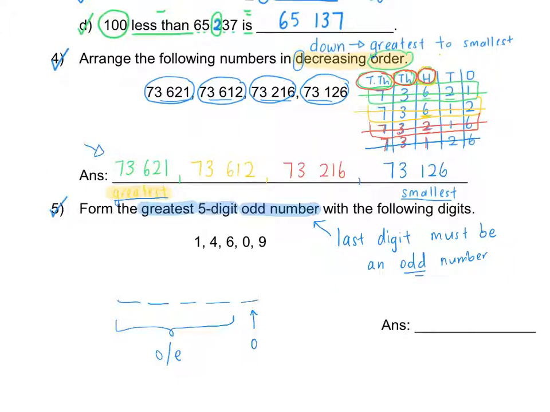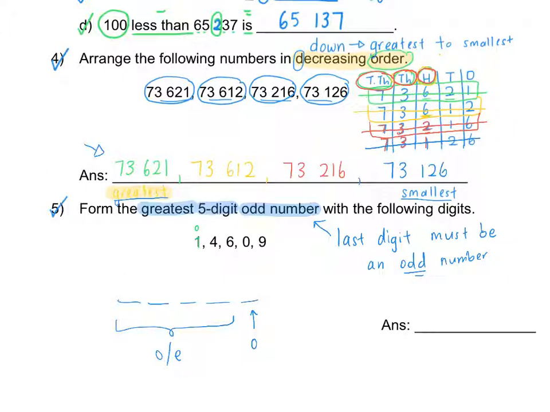So next step, we got to identify out of these 5 digits which of them are odd and which of them are even. Digit 1, is it an odd or even number? Odd one out. Okay, so 1 is an odd number.